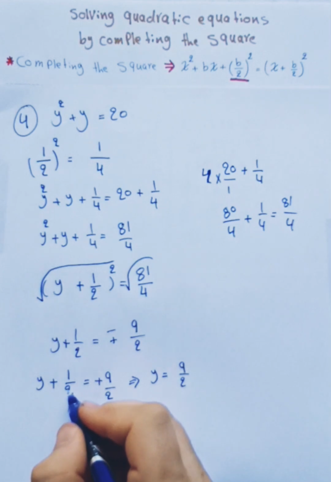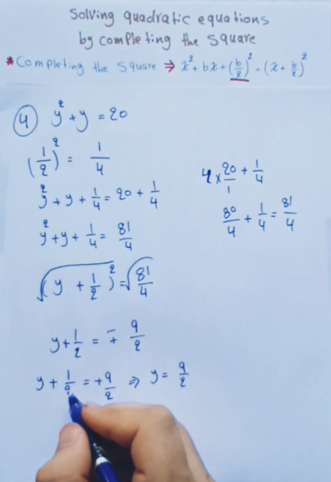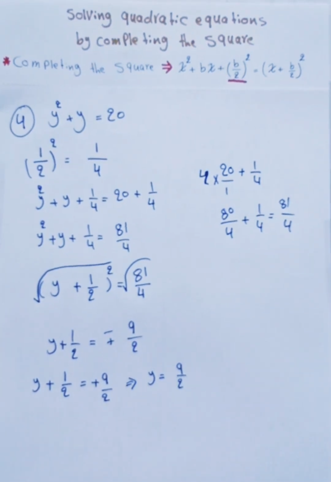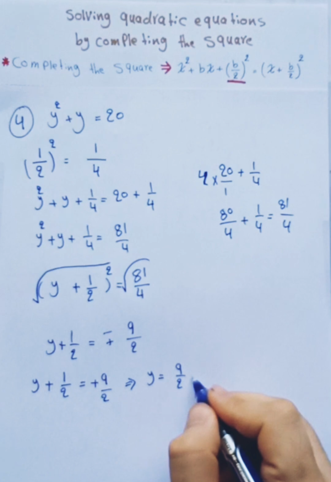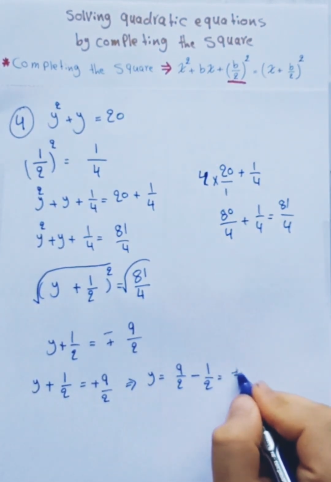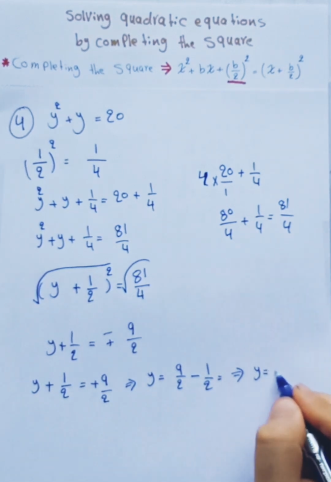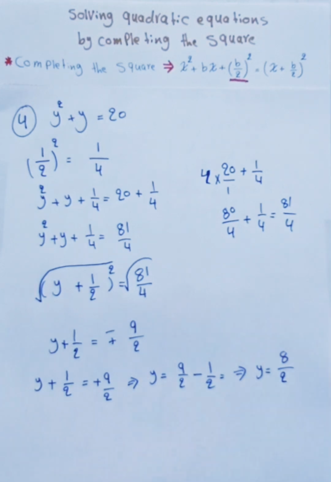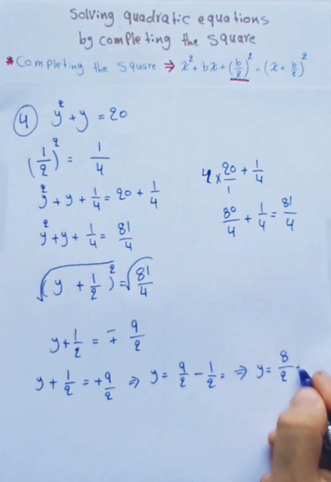You have to change the place of positive 1 out of 2, which becomes negative 1 out of 2. So you have 9 out of 2 minus 1 out of 2, and then we can subtract. Y equal to 9 minus 1 equal to 8 out of 2. So 8 out of 2 equal to 4.